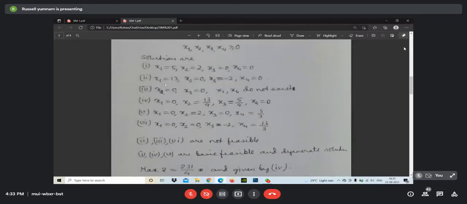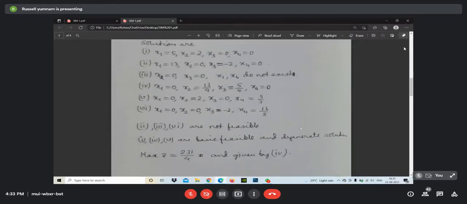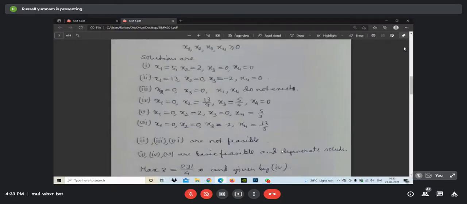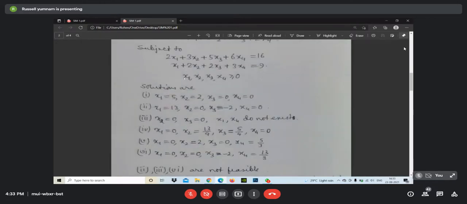Okay, these are the solutions, and here we have given feasible and non-feasible. 2, 3, 6 are not feasible. Why is 2 not feasible? Can you explain why 2 is not feasible? Here we are taking x1, x2, x3, x4 positive, restricted.